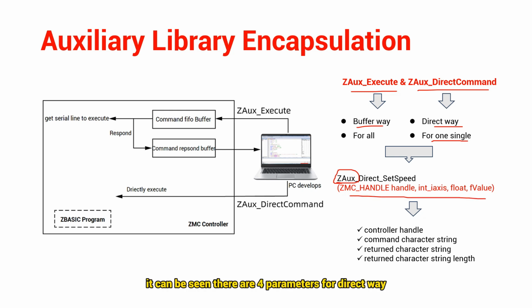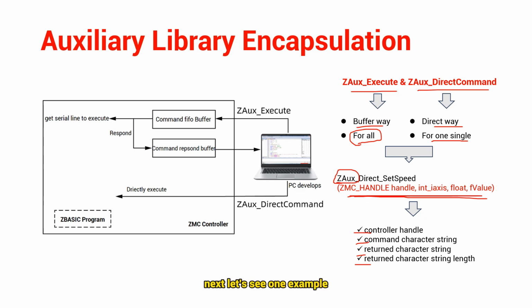Now, it can be seen there are four parameters for the direct way: controller handle, command character string, returned character string, and returned character string length. For the buffer way, it can execute all commands and an expression can be used as the parameter. Compared to the direct way, it is obviously slower, with the same parameters.